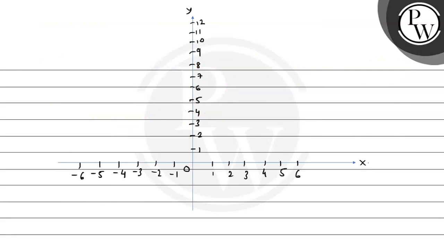So the graph will therefore look like a parabola that is concave towards positive y-axis, and it passes through points minus 2 comma 3 and 4 comma 12. So the graph will look like this. So such is the graph of 4y equals 3x squared.